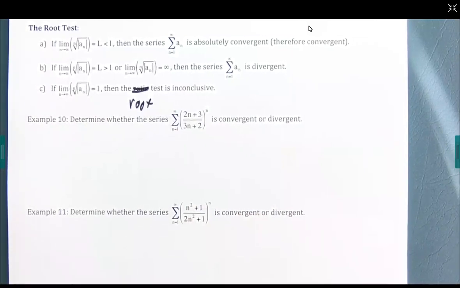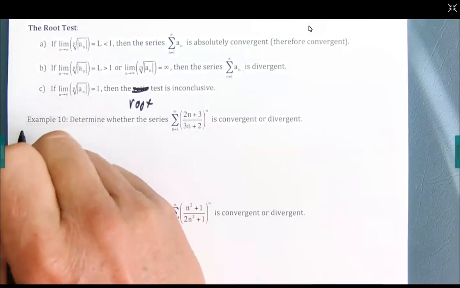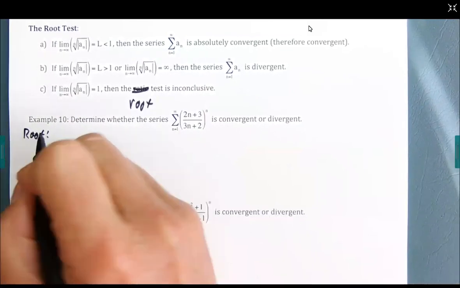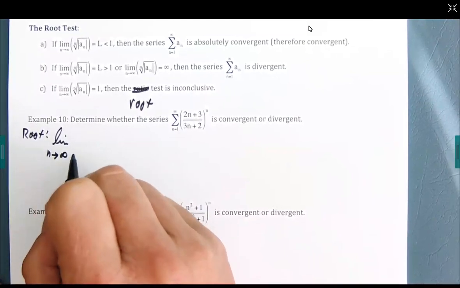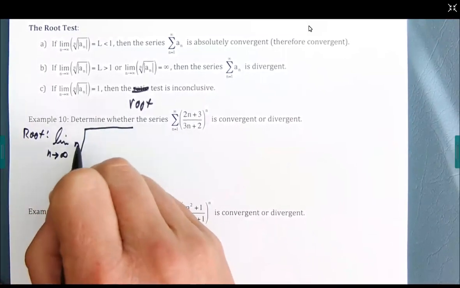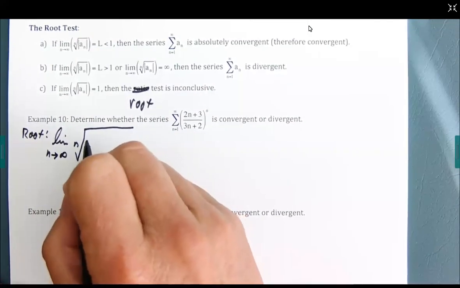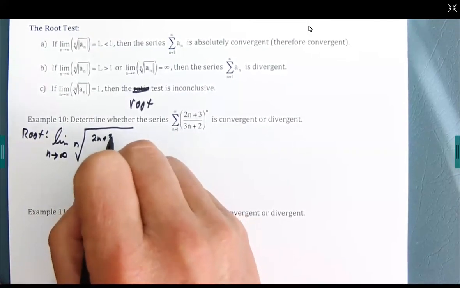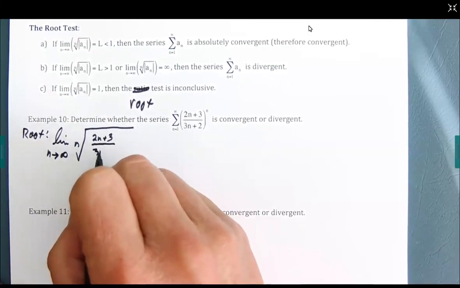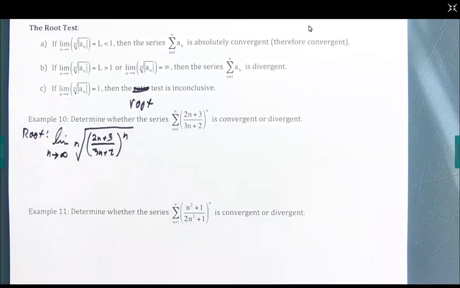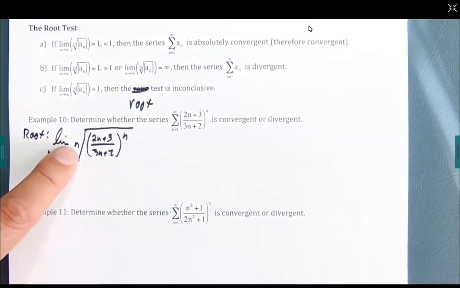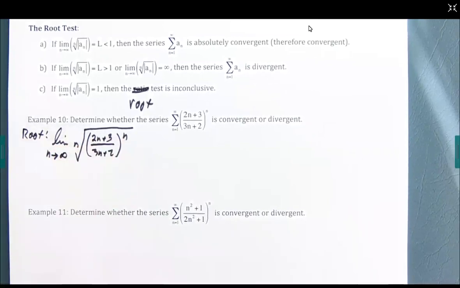So let's just do this. So we're going to use the root test. So we're going to have the nth root of (2 to the n plus 3) over (3n plus 2), the nth power. Now, what's nice is those completely cancel out.